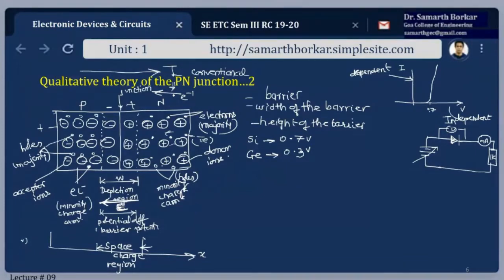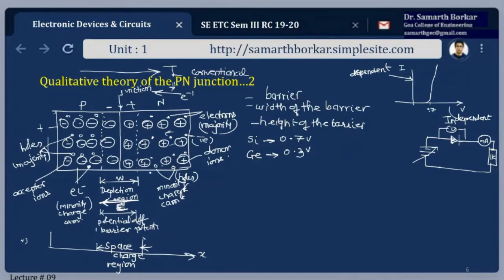Fine. So I hope now you have understood the significance of this 0.7 or 0.3. If I connect 0.5 volt across a silicon diode, it will not work. Why? See, nobody works for free.